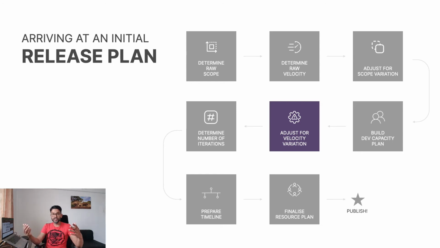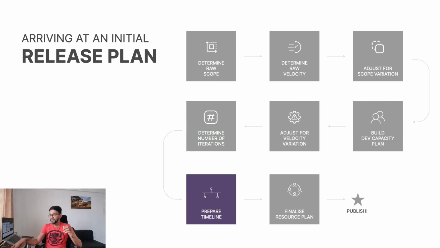The other thing to consider is that there are certain events like releases or UATs, which will take away from your team's capacity. And that will also mean that your velocity has an impact. Based on all of this, you will arrive at a number of iterations that it needs for you to then deliver the project.